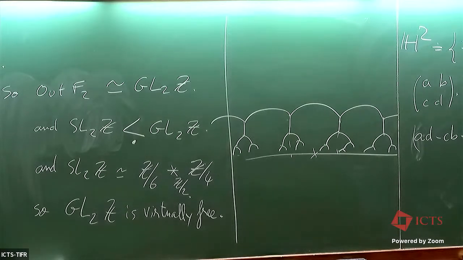And remember, what I talked about yesterday was semi-direct products of F2 by Z, and checking the conjugacy classes of automorphisms by comparing those semi-direct products. Sorry, I didn't write the conclusion here.